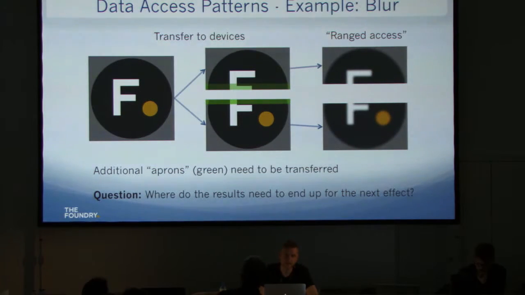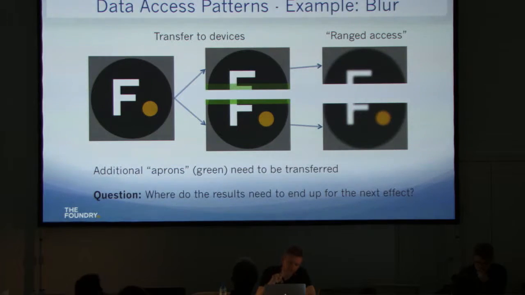And so we need to send those extra pixels over to the device as well. And so if you look in those green areas, you'll see that there's a kind of duplication now of data. The line of the F, the middle line, if you like, of the F is now on both devices. So we've had to send more data overall in order to do this breaking up.